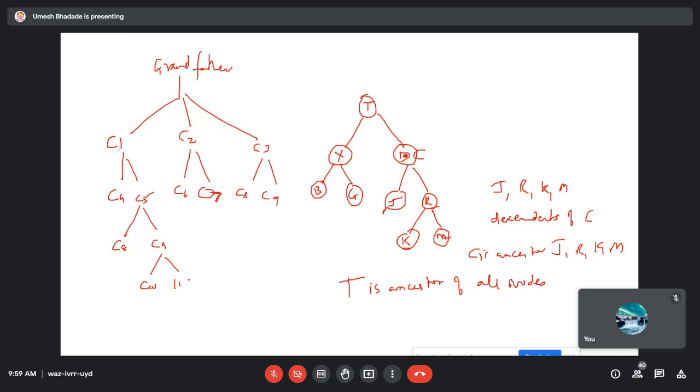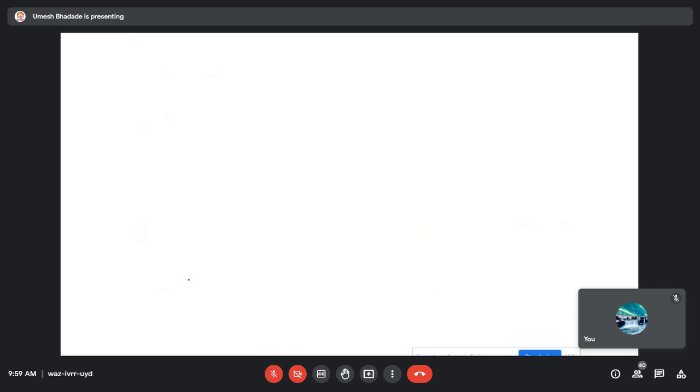Now we will start with the concept of binary tree. As you know, we will be considering only binary trees. We won't consider any tree having more than two children for a parent node. By default, if this is my root node, I will call the node on the left side the left node, and the node on the right side the right node.